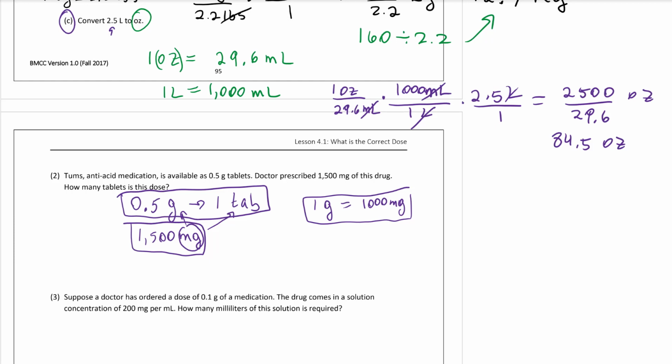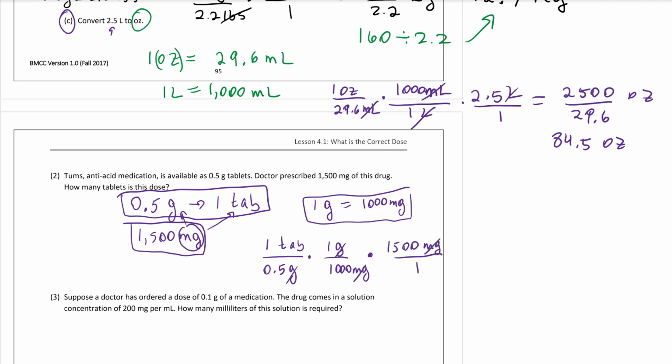Okay, so if we review this, one way to go about this is to set up the unit analysis, which is 1 tablet contains half a gram of medication, where we know that 1 gram is equivalent to 1,000 milligrams. The reason I wrote it like this is so the gram can cancel out, and then 1,500 milligrams is our dosage.